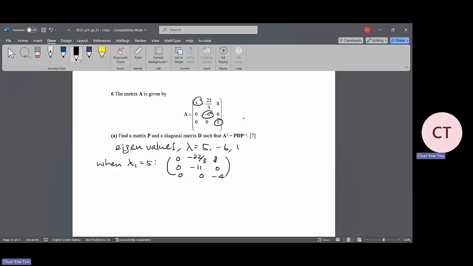We can take any 2 rows, because none of them are parallel, so I just take the first 2 rows.